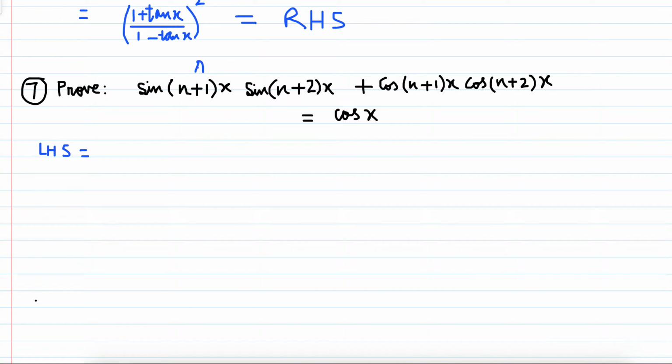Let's call it A. (n plus 1)x is A, (n plus 2)x is B. So it's in the form of cos A cos B plus sin A sin B, which is the formula for cos A minus B. So our left hand side becomes cos of (n plus 1)x, this is A, minus B, which is (n plus 2)x.